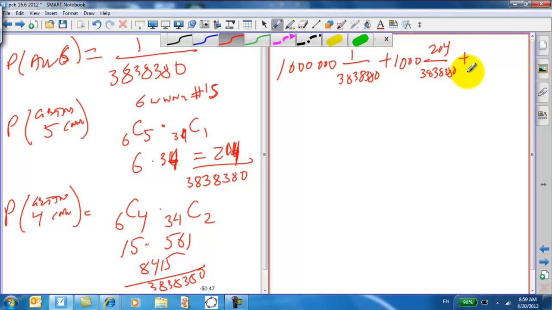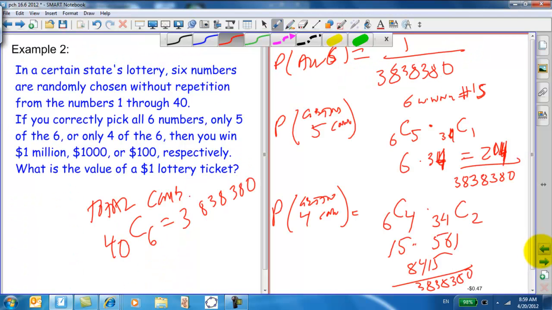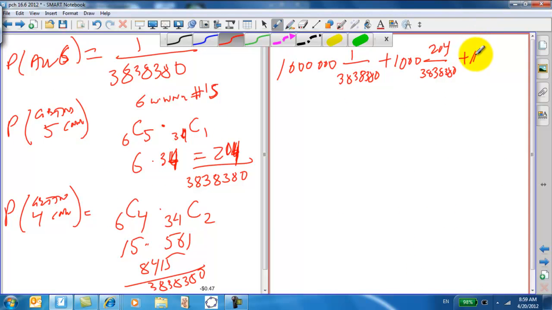And then finally, we only get $100 for matching 4, 100 times 8415 over 3,838,380. Plus, we win nothing, so I don't even bother figuring out the probability of not getting one of those three, because it's just going to zero out.